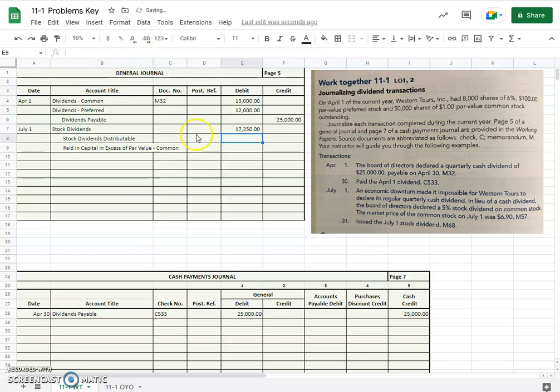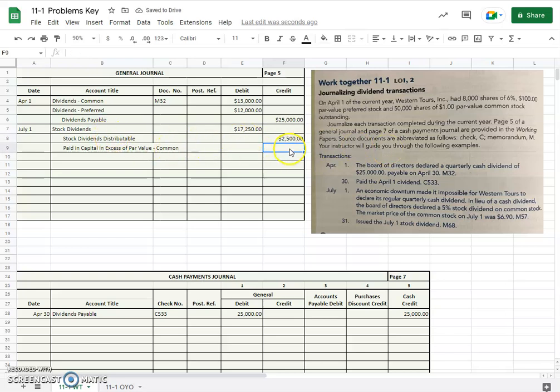So $17,250, right? And theoretically, these could all be dollars. There we go. And that means the par value on that was $1 par value. So 2,500 shares at $1 par value is just going to be $2,500, right?